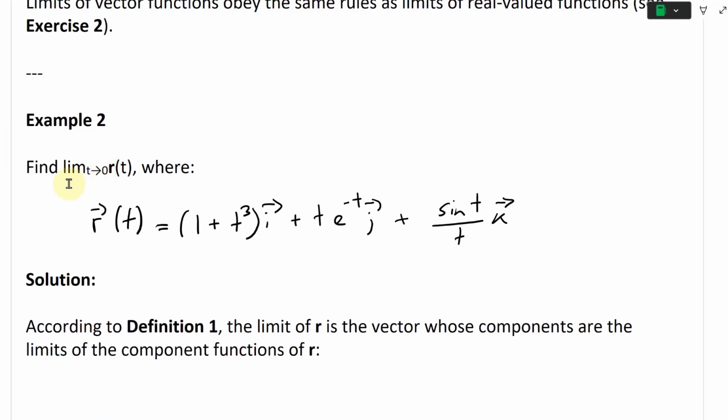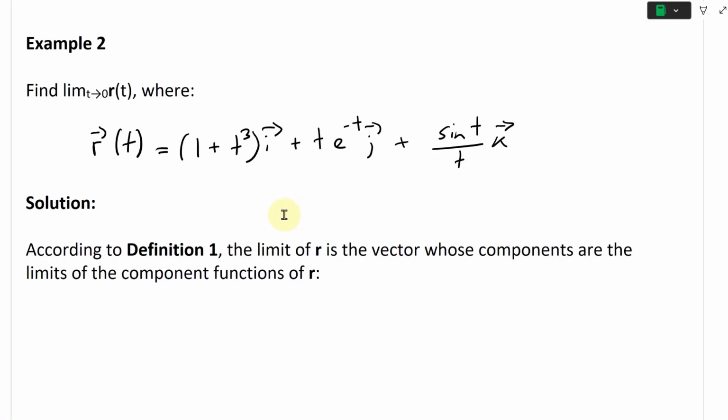This one states: find the limit as t approaches 0 of r of t, where this vector function has components 1 plus t cubed times the i vector, plus t times e to the power negative t times the j vector, plus sine of t divided by t times the k vector. That's the ijk, just the x, y, z components.